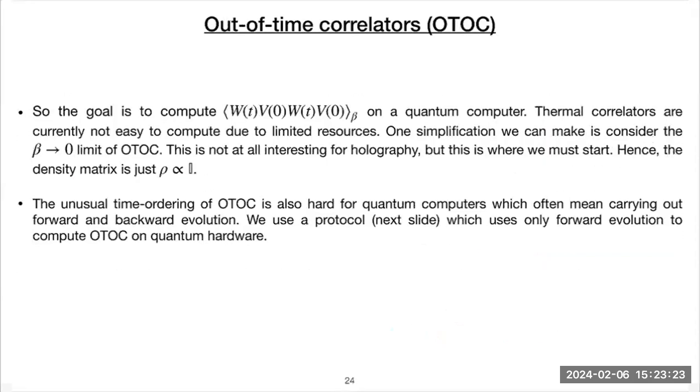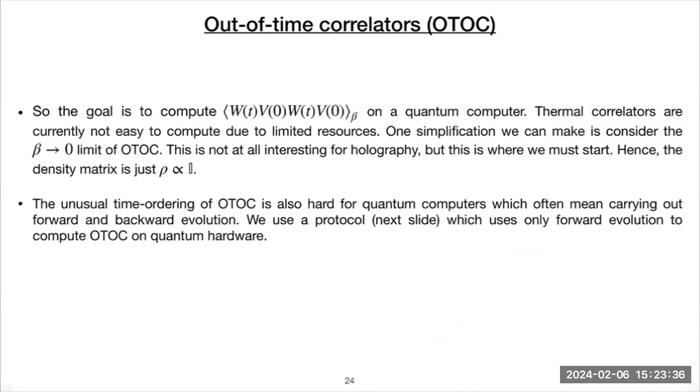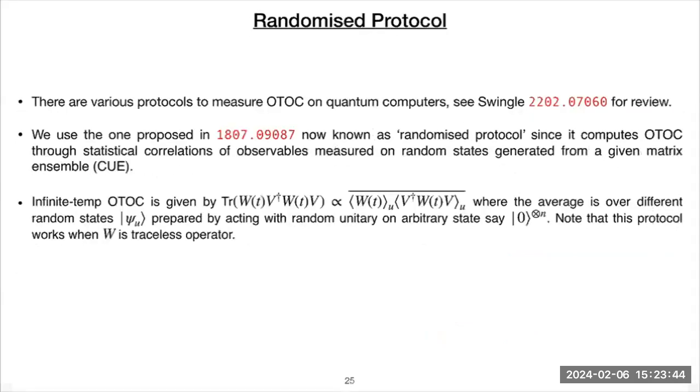So we computed this OTOC also, the out of time ordered correlator for the SYK model. And for that, you have to use some sort of protocol for measuring OTOC, because OTOC seems very simple enough to write, but it has an unusual time ordering. So W(t) V, W(t) V. So it's not very easy for a quantum computer, but there are some proposals, for example, this paper by Swingle and this paper, where they propose some protocol to measure OTOC.